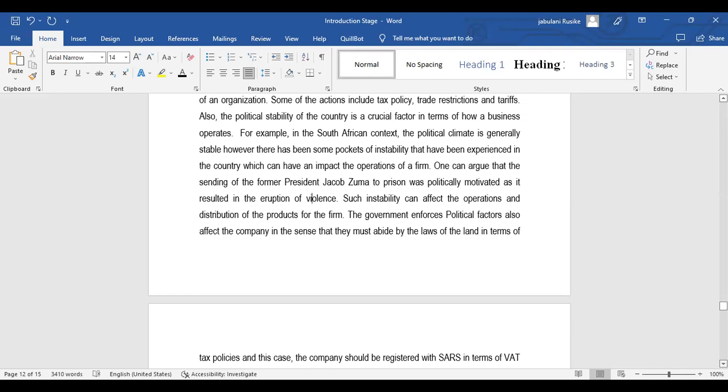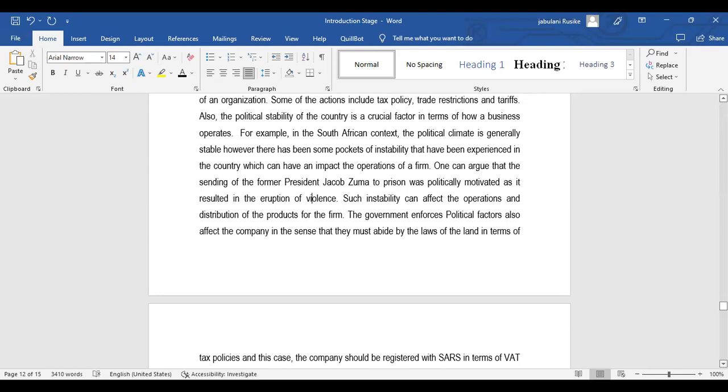One can argue that the sending of the former President Jacob Zuma to prison was politically motivated, as it resulted in the eruption of violence. So how does that impact the operations of an organization? Such instability or such actions from the community as a result of politics can affect the operations and the distribution of the products for the firm.